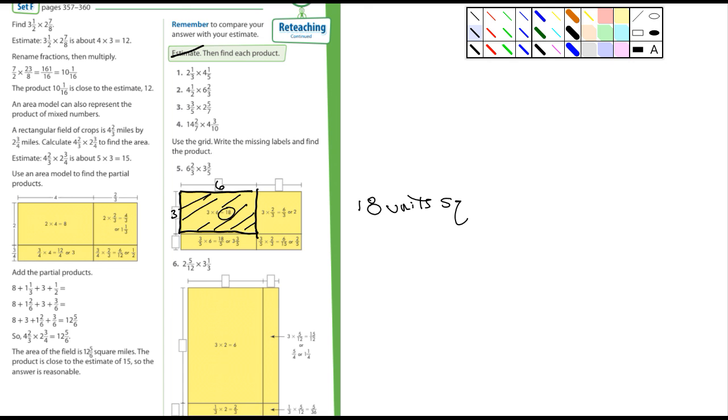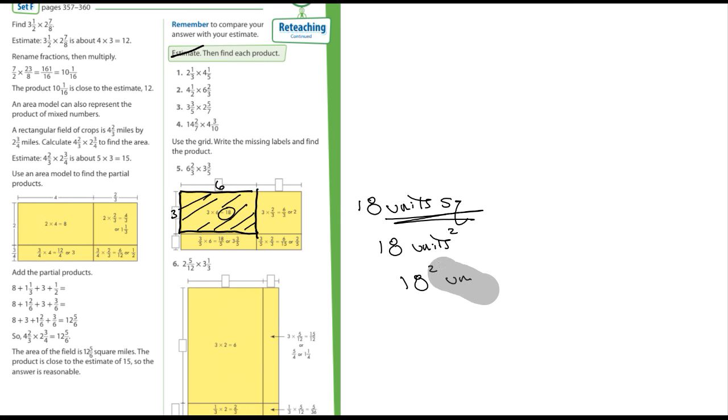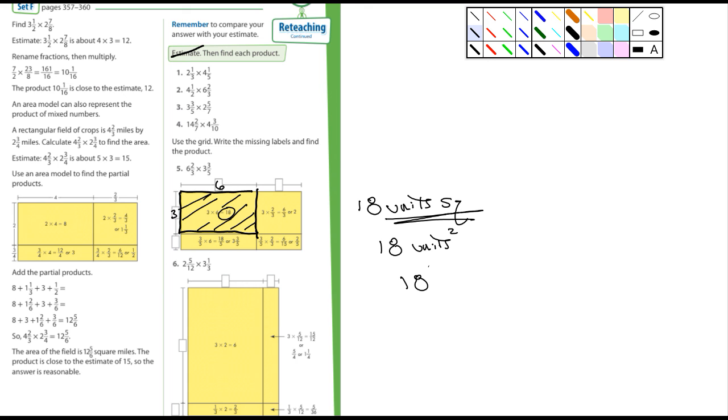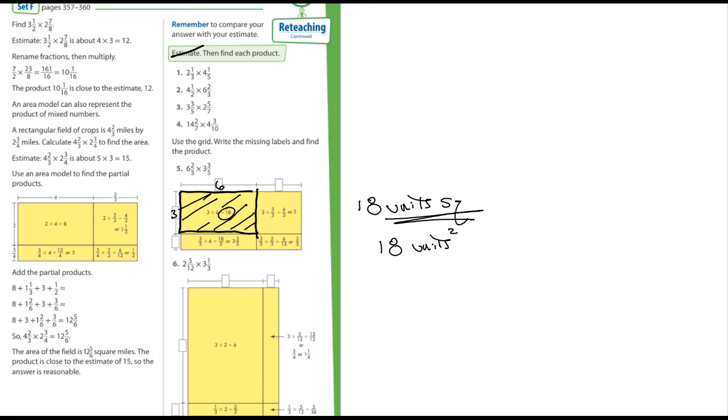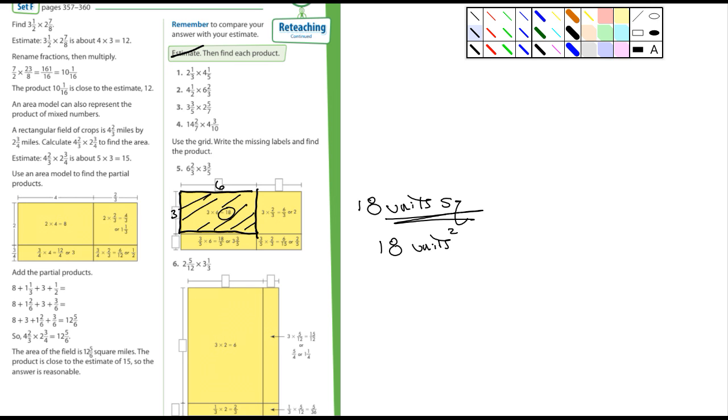Because anytime we talk about area, it's important that you put a label and then you square it. Or somebody might write 18 units, and they might put a little exponent too. Or they might even put 18 squared units. Actually, no, I think that would be wrong, because that would be 18 times 18. So I think you would just stay with 18 units squared. Anyways, again, they give you an example here. So you guys should be able to finish filling that out.